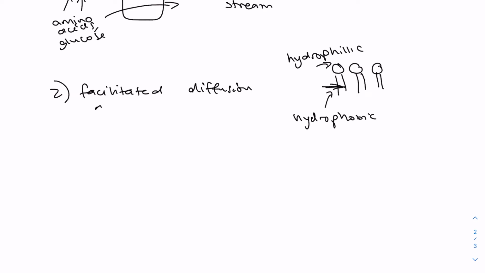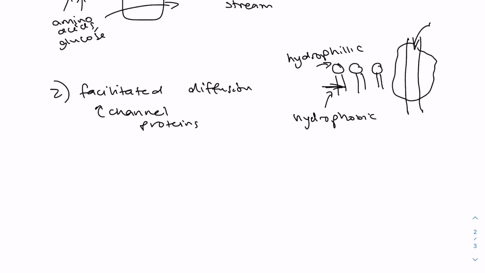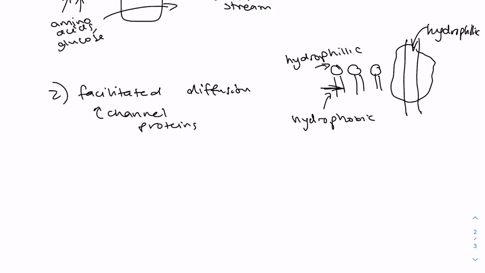That's why we need these channel proteins, which are basically embedded in the membrane and have a hydrophilic center or a hydrophilic passage, which allows for this movement of any polar molecules.